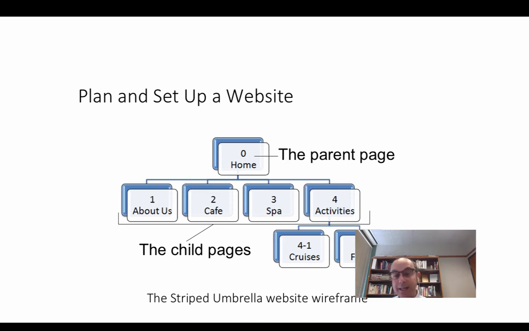For example, about activities, in this case cruises and fishing, with fishing under activities. So again, you are tailoring how the viewer is going to see your site and how he is going to experience the navigation inside your product.